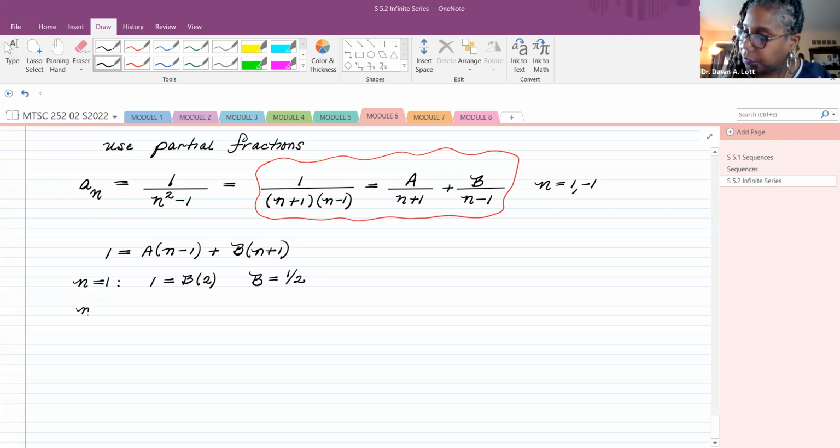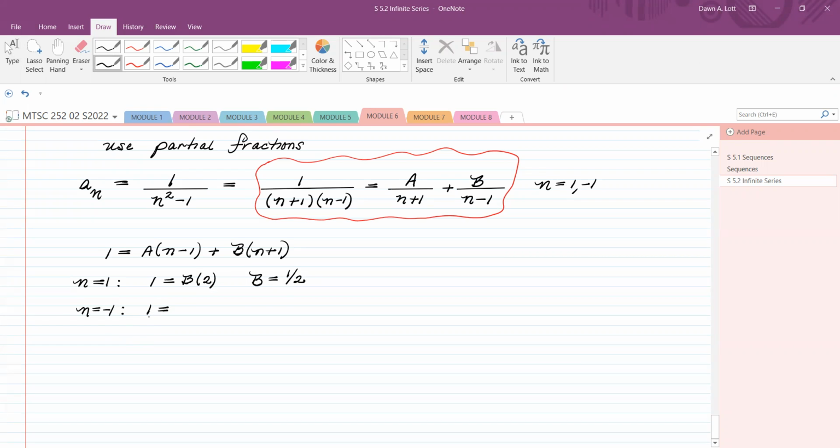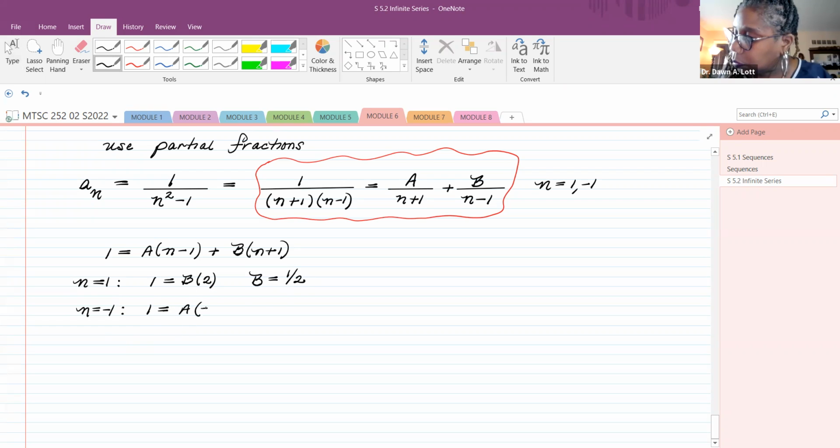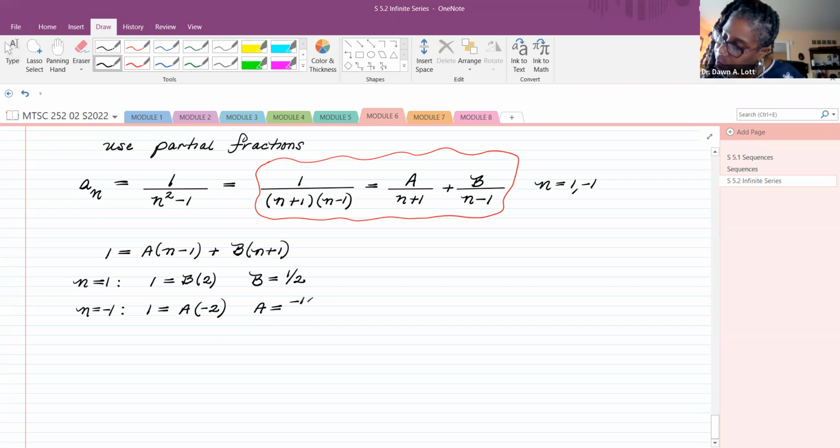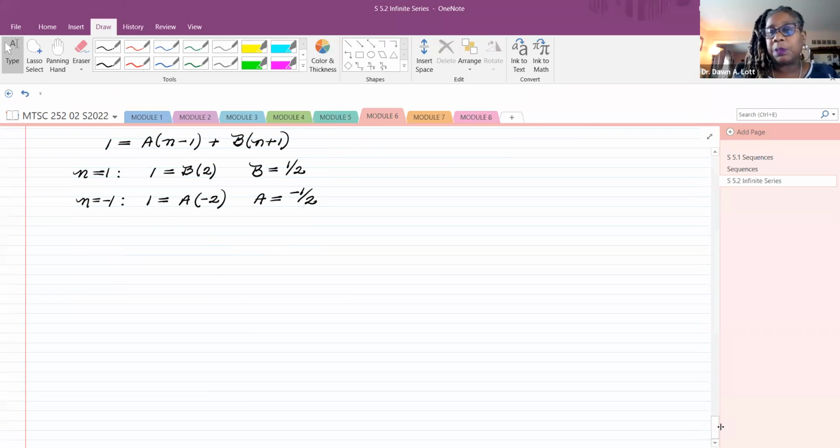And then what happens if n is equal to negative 1? A times negative 2 plus 0. So A is equal to negative 1/2. Okay. So now I have split this up.